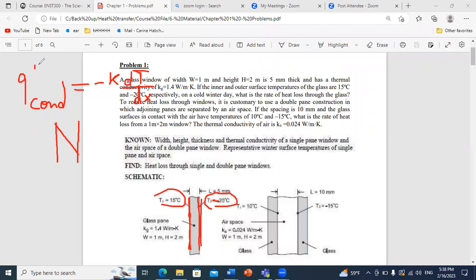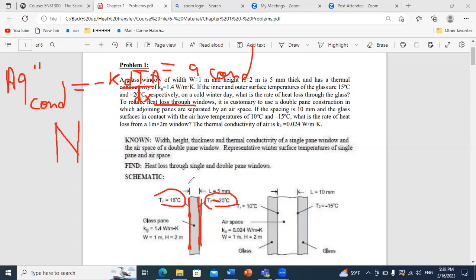This is the flux, watt per meter square. In this problem, they ask to find the heat loss, so in general, in watt. So we multiply by the area. To get the rate of conduction, we say A times q double prime is equal to the conduction rate, q conduction, equals minus K times A, I will add the area, times dT by dx.